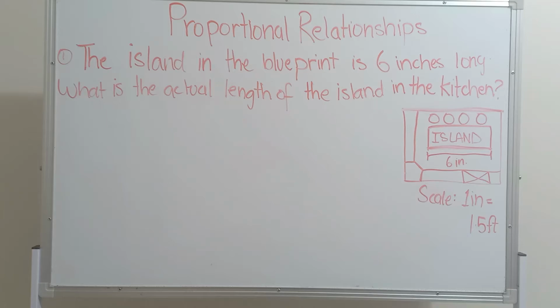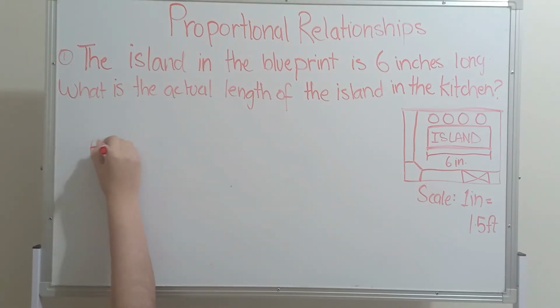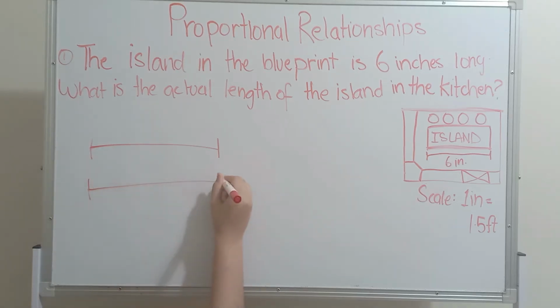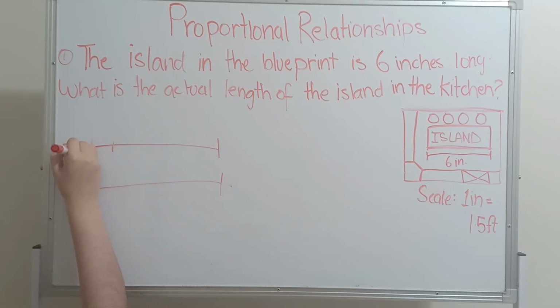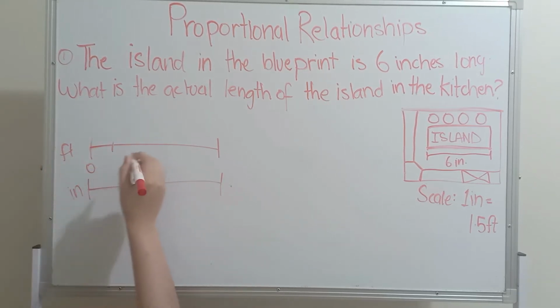We can do it using 2 ways. The first one is a double number line. So we are going to draw 2 number lines and label them 0. This one is going to be for feet, and this one is going to be for inches.